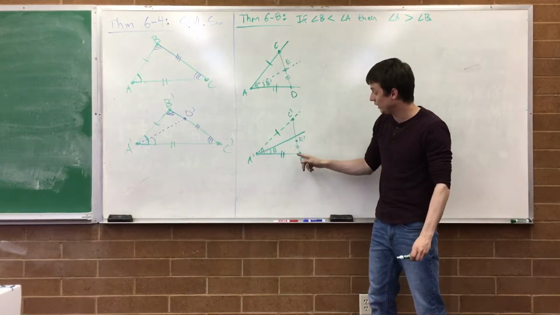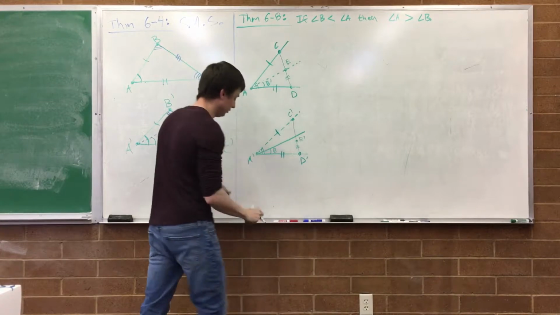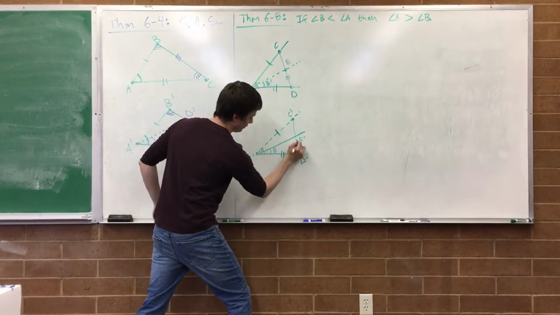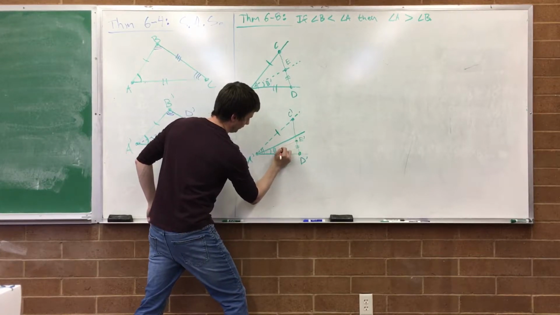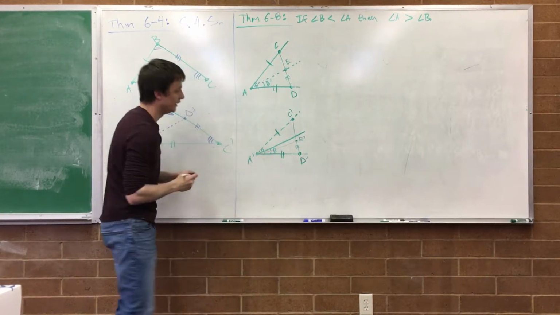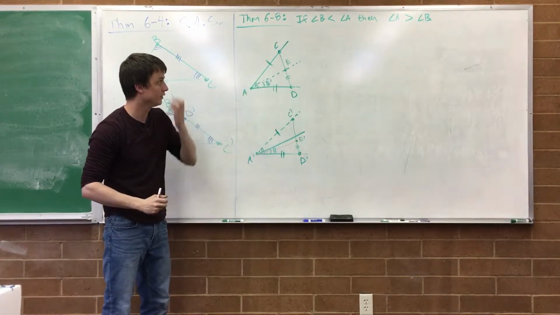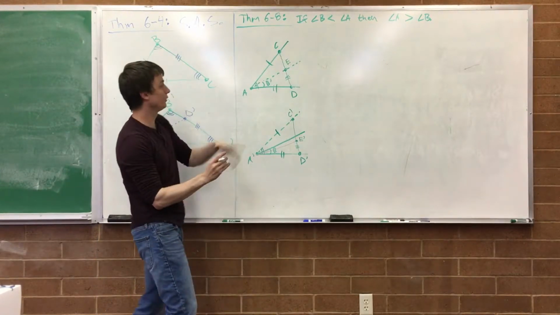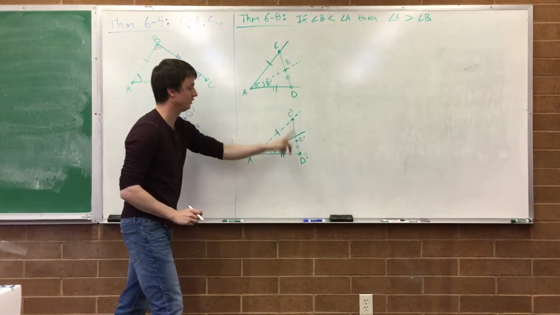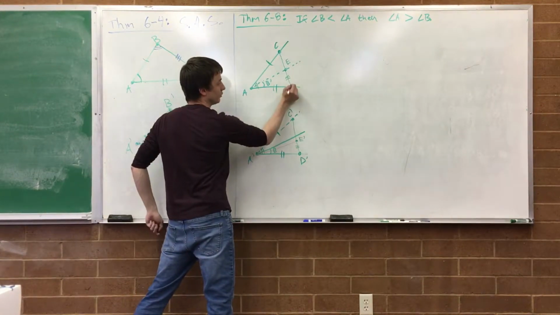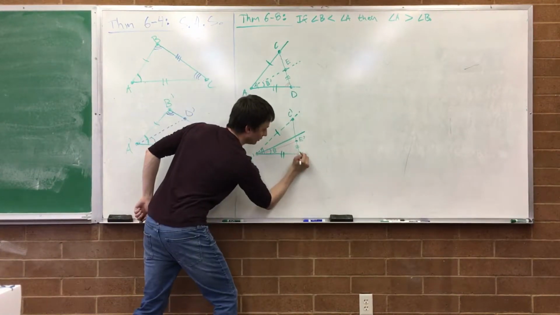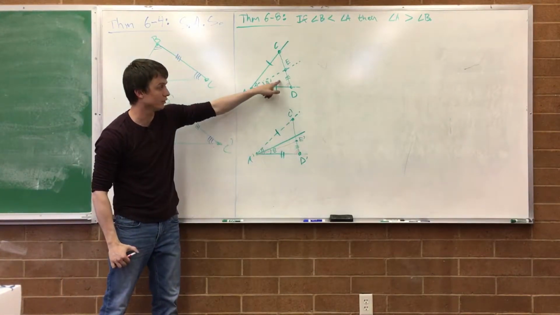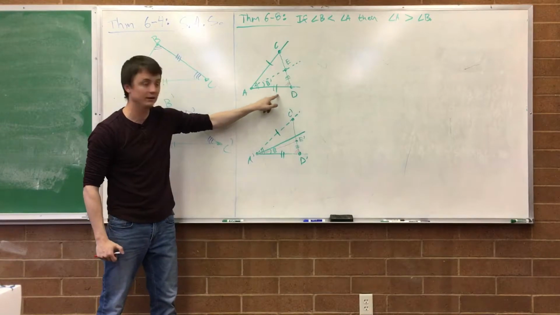And we know that this triangle is congruent to this triangle. Sorry, I forgot to draw an important piece of information. When we showed that ACD was congruent to A prime, C prime, D prime, that also gave us this angle congruent to this angle. So now I have this little triangle congruent to this little triangle by side, angle, side.